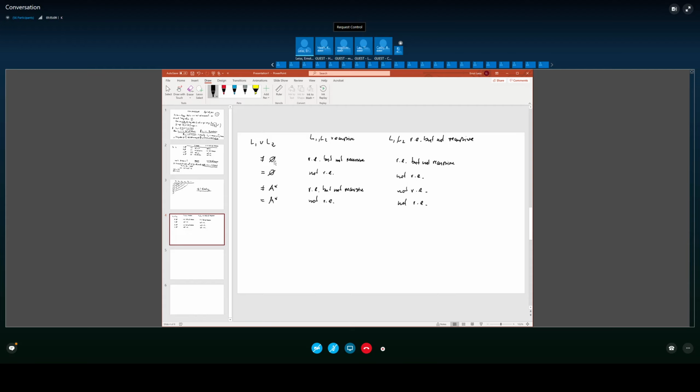But obviously, if there is no such word, then you will never terminate, so this is not recursive. So that then is the situation depending on whether you have recursive or recursively enumerable but not recursive for your languages L1 and L2.